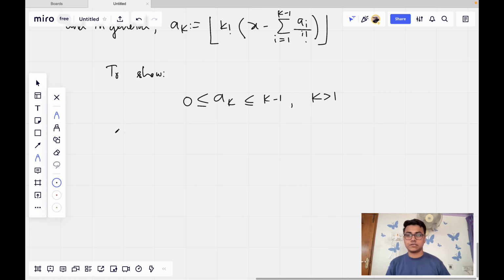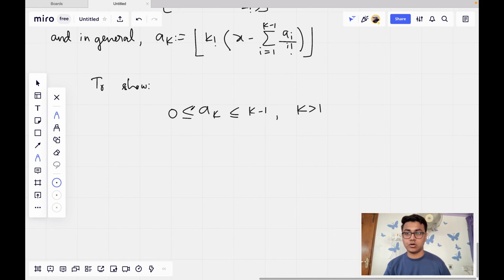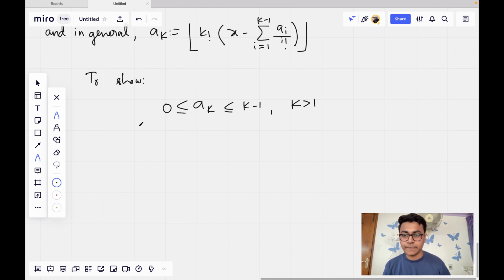We have to show that this constraint holds. That is quite easy. We will use the property of the box function, which says box x is less than or equal to x and strictly greater than x minus 1 for all real numbers x. This is the property of the box function that we will use.